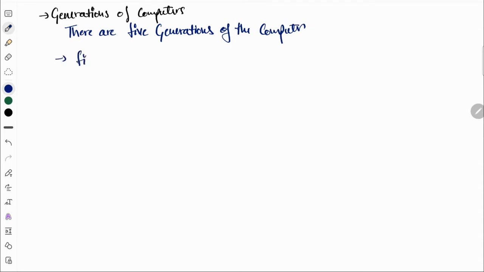First generation, 1946 to 1959, vacuum tube.